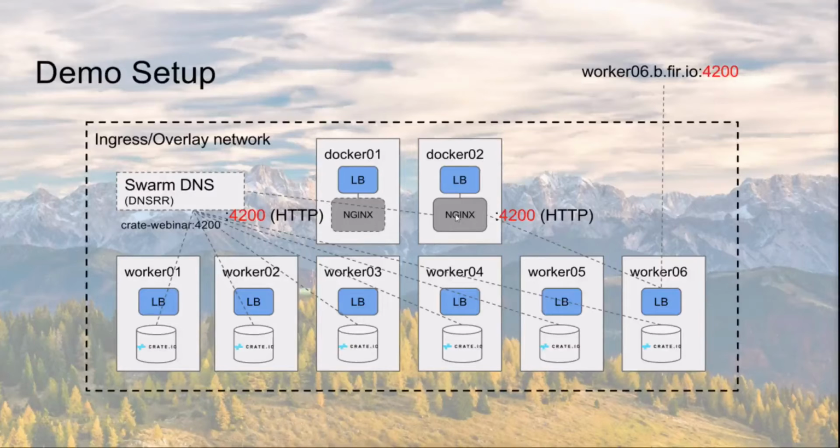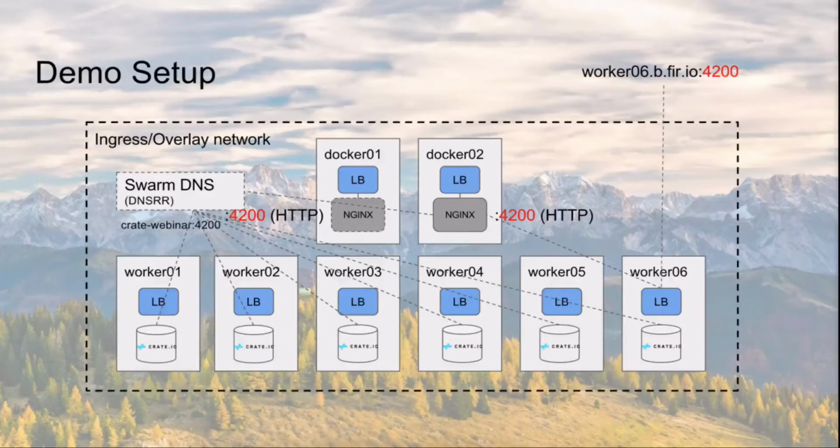So the Nginx has an upstream proxy in there, and the upstream proxy is, for example, my CrateWebinar cluster. It asks the DNS what are the hosts of CrateWebinar, and the DNS is delegating to a node in a cluster doing round-robin pinging. So it chooses a node from the workers and delegates the traffic to this node.